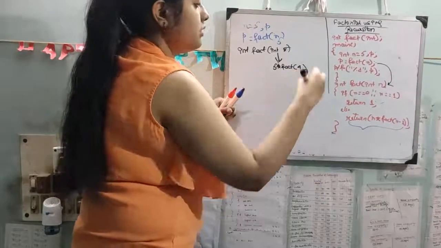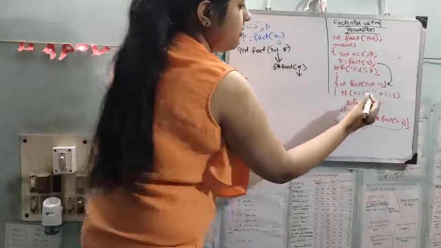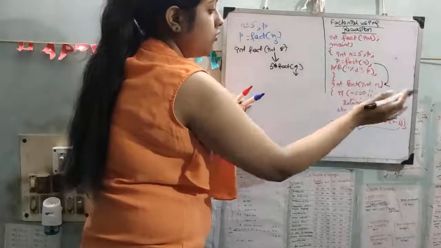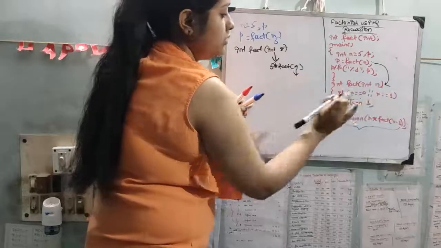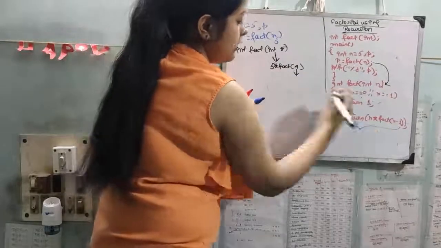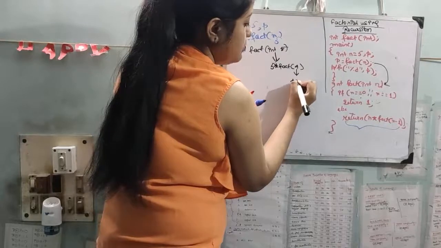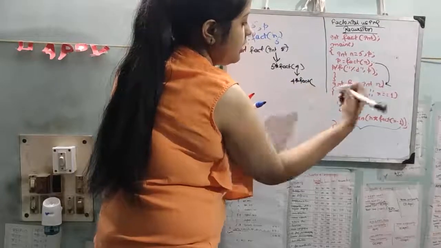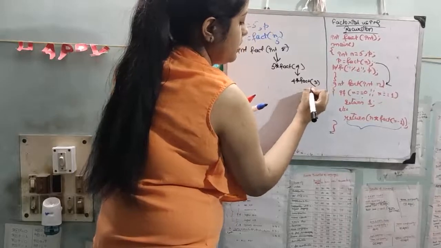So again fact is called. Here n is 4, which is not 0 or 1, so it will not return 1, it will return this n. Here n becomes 4 into fact of n minus 1, that is 3.